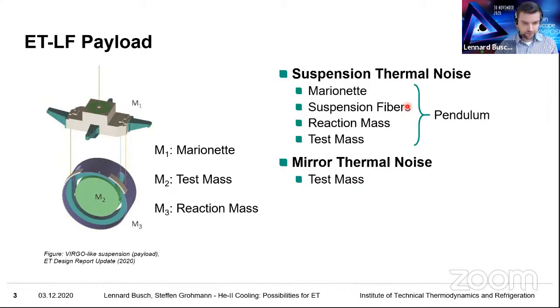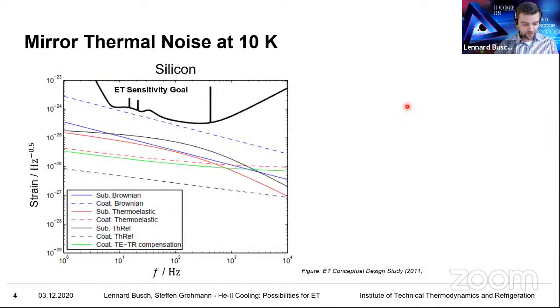The other thermal noise contribution, the mirror thermal noise, originates obviously in the mirror itself. And that can be subdivided into different noise contributions itself again. And here you can actually see all mirror thermal noise contributions for a silicon mirror at 10 Kelvin.